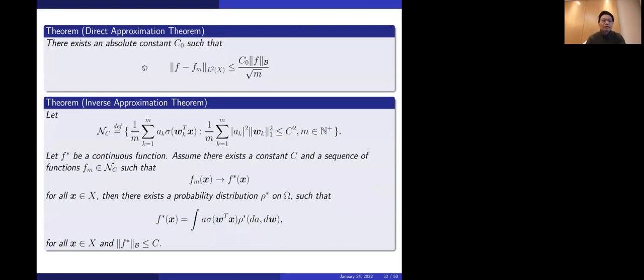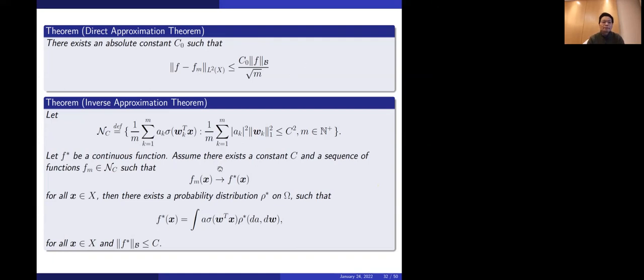Okay, with that definition of Barron space, one can also show direct and inverse approximation theorems, and they're pretty much similar. The direct approximation theorem says that any function in Barron space can be approximated by 2-layer neural networks with a convergence rate which is like 1 over square root of m.